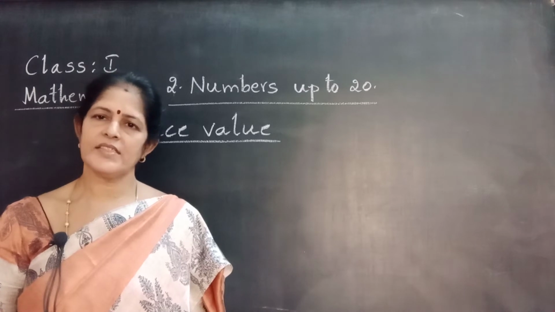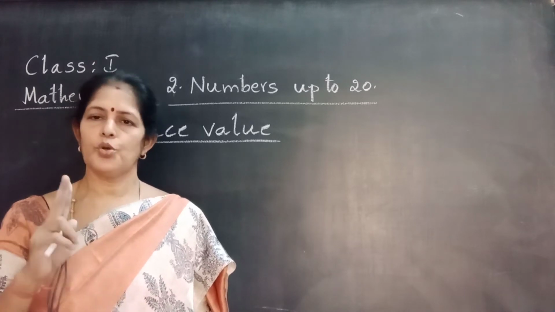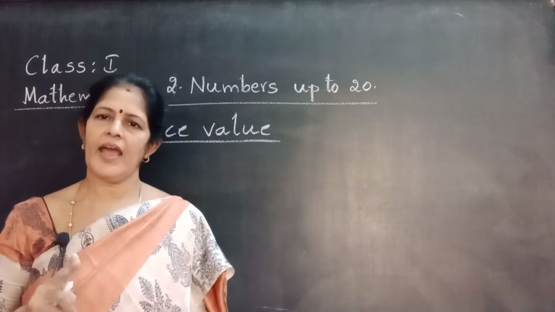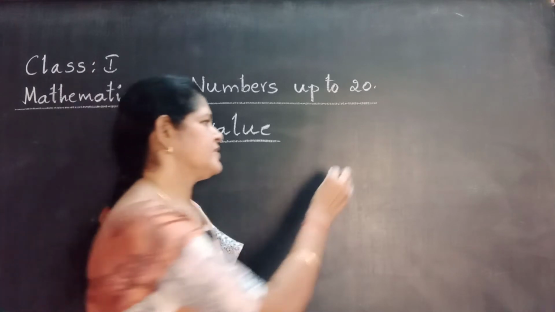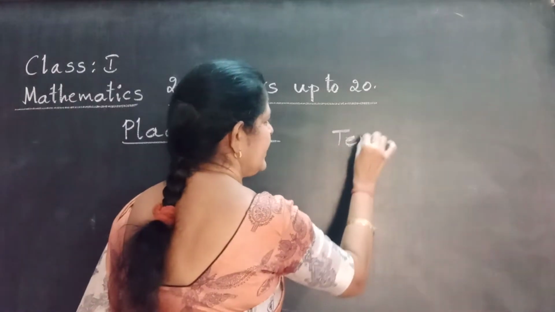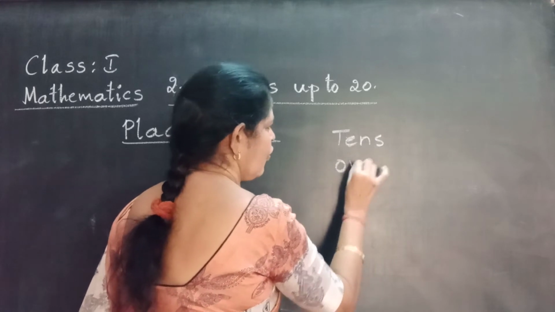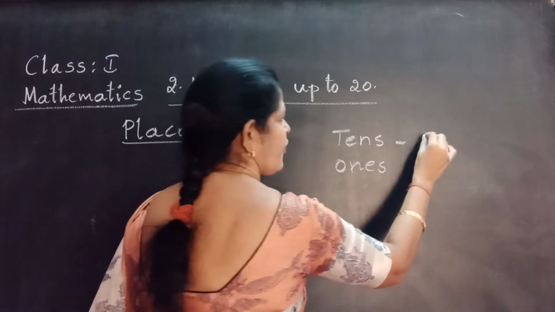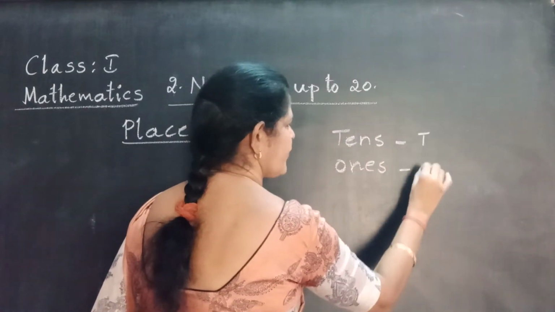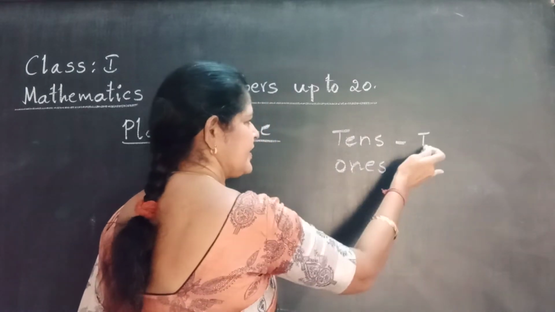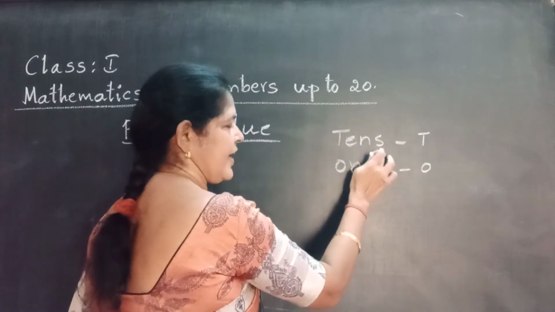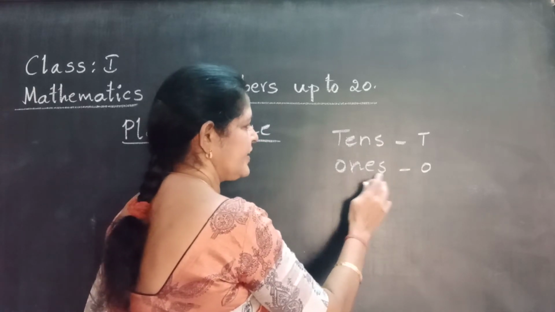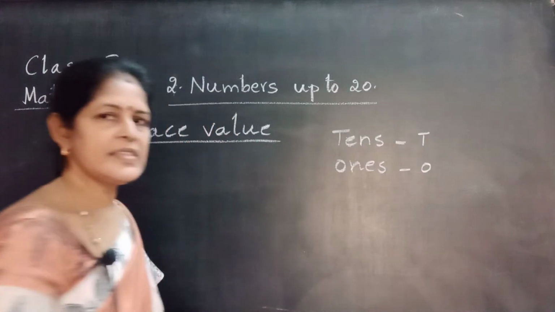Two-digit means that number having two places. Those are T-E-N-S tens, O-N-E-S ones. We are going to use short form: T for tens, O for ones.